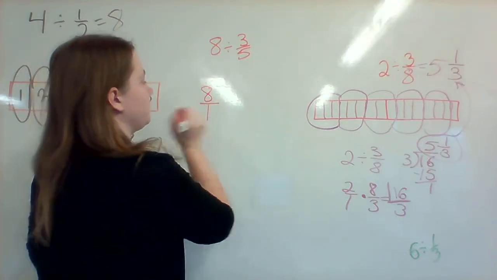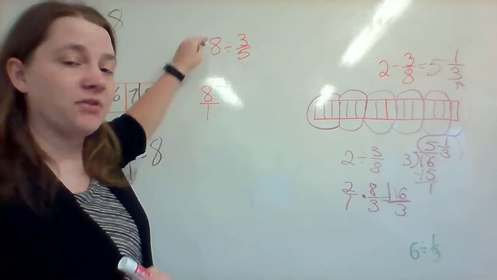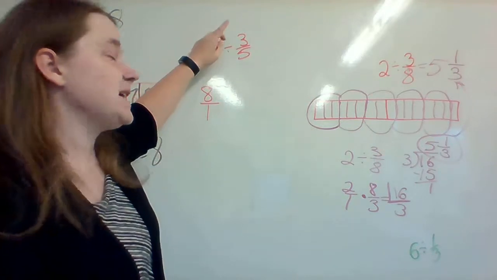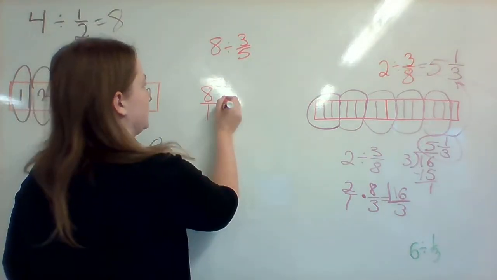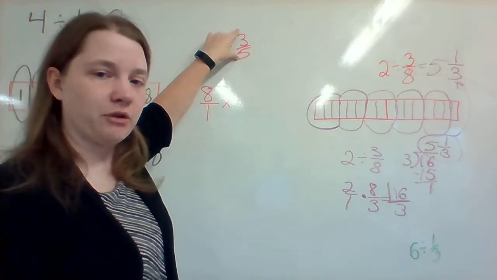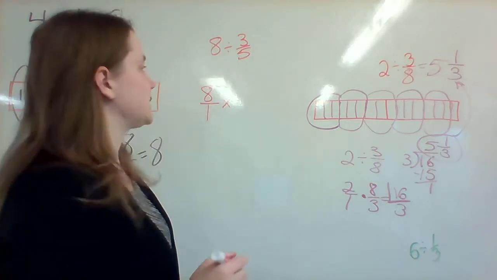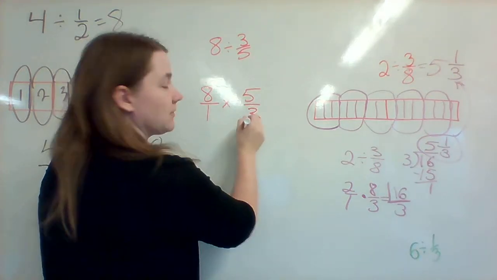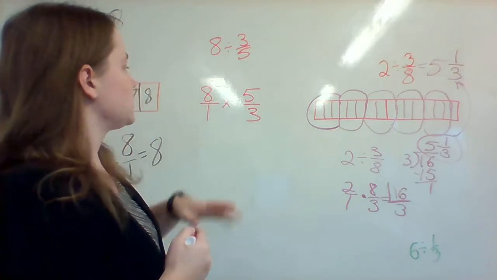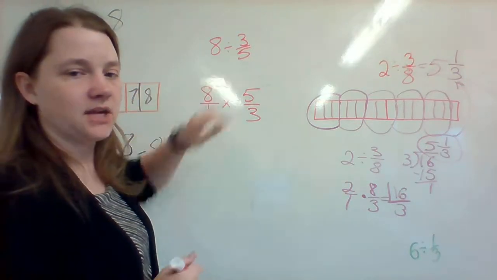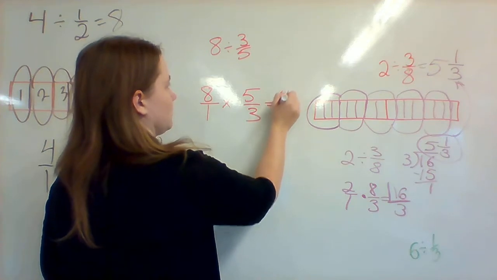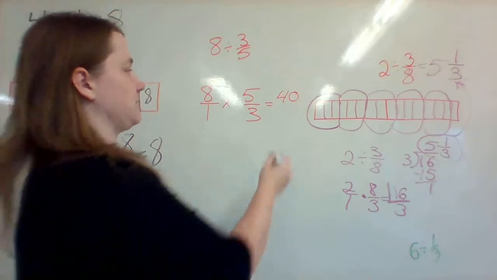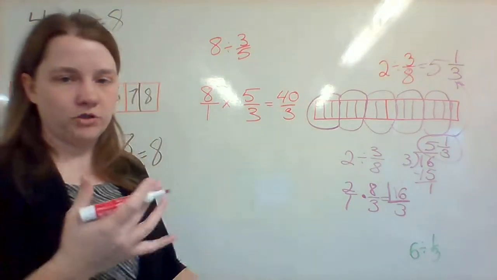So that's going to become 8/1. Same thing, but now I have to multiply by the reciprocal, which means I need to take this division sign and make it a multiplication sign. Then I need to take 3/5 and find the reciprocal, which is 5/3. So now I have 8 times 5, which is 40, and on the bottom I have 1 times 3, which is 3.